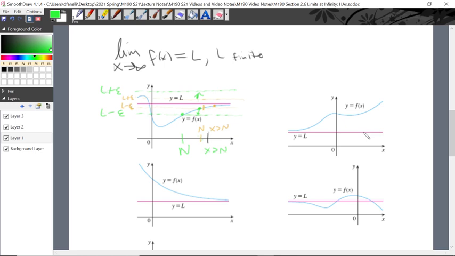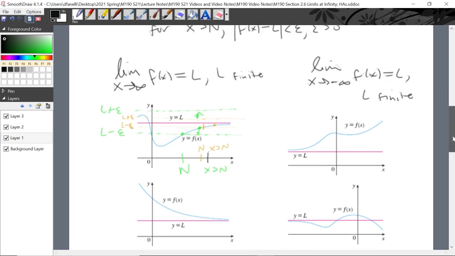But before taking a look at that, these graphs on the right are describing the same asymptotic behavior, but to the left. That's the limit as x goes to negative infinity of f of x is equal to L, where L is finite. So the precise definition would get updated just a little bit.